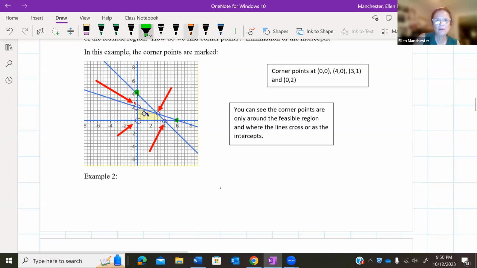This one right here, the two lines that are crossing are the y-axis and this line right here. These two lines are the x-axis and this line right here. And then this point right here is where those two lines are crossing. So that's where the corner points sit.